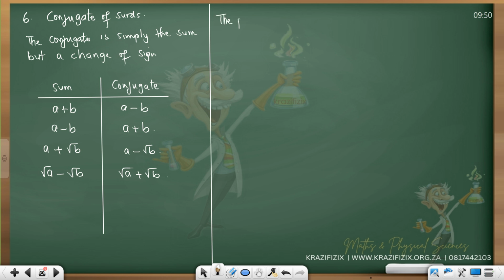The product of a sum and its conjugate is a product of difference of two squares. What do I mean?